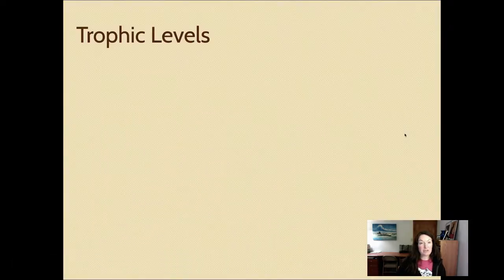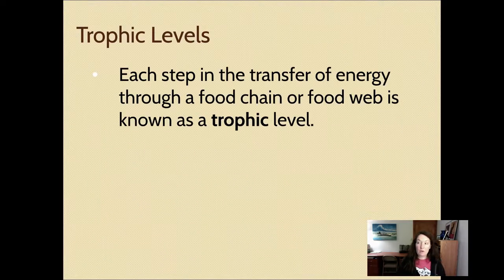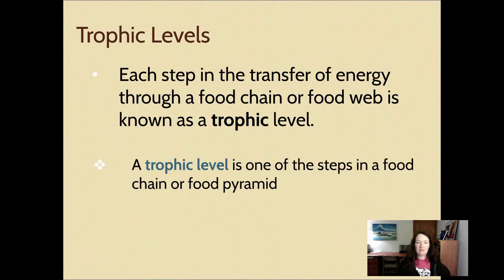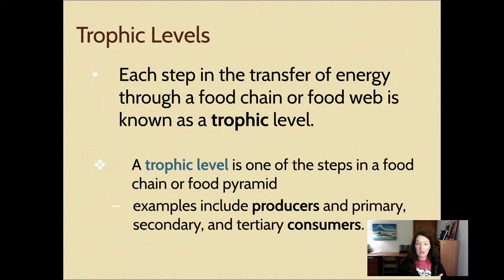All right, so again, trophic levels are what we were talking about in the previous slide. So each step up is a transfer of energy when one organism eats something lower in the trophic level or on a lower trophic level. So it's just one step in a food chain or in a food pyramid. Examples would include moving from producers to primary consumers, and then secondary consumers, and then tertiary consumers.